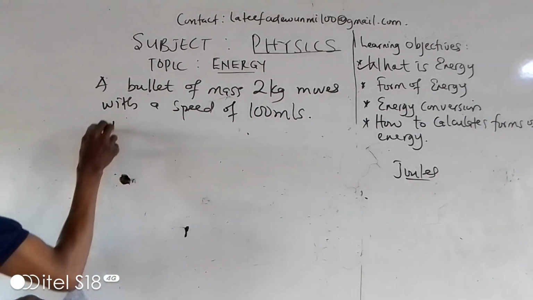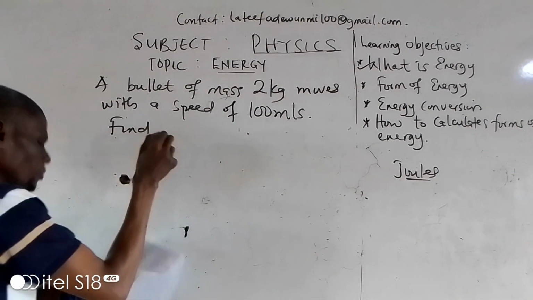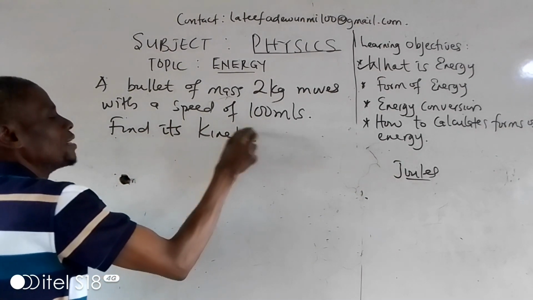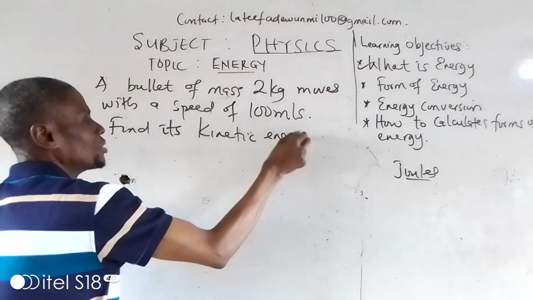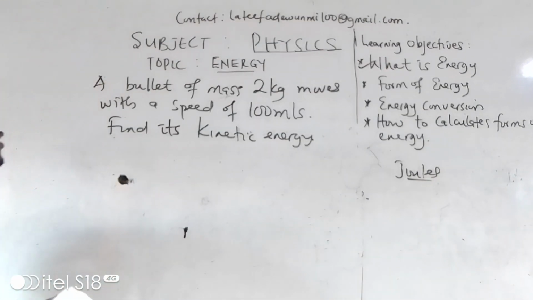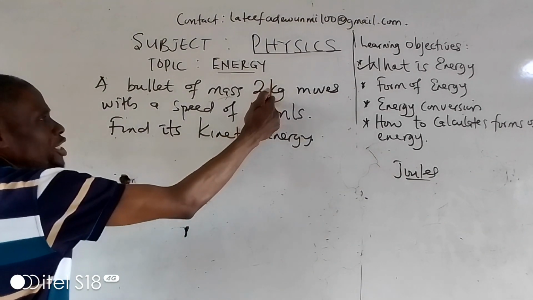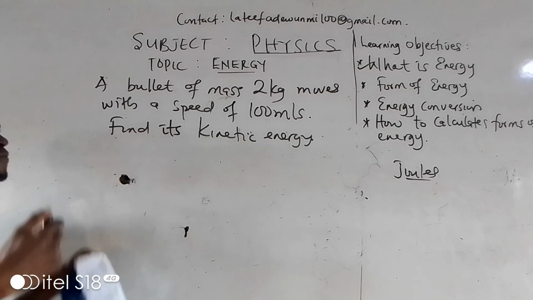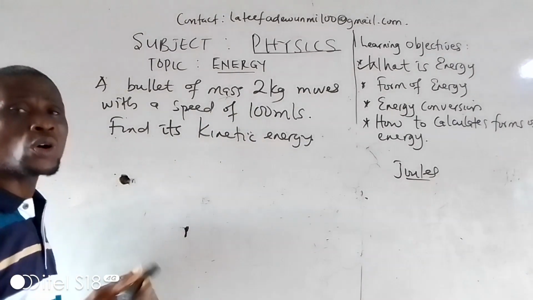Find its kinetic energy. You are being told to calculate the kinetic energy of a bullet of mass 2 kilograms moving with a speed, that is the velocity, of 100 meters per second.